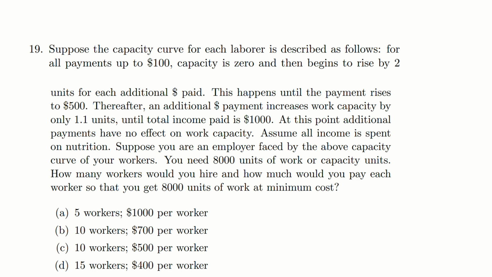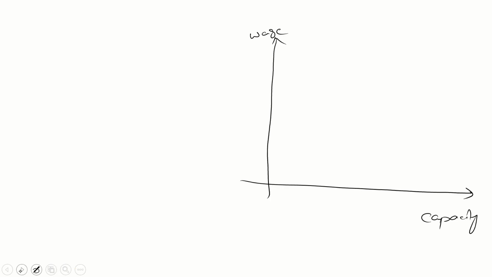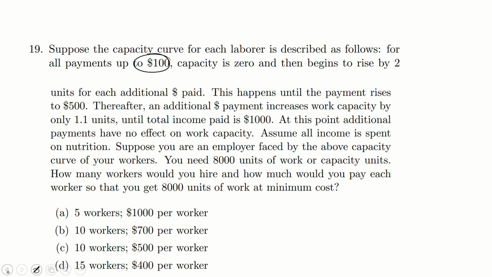Each capacity curve for each laborer is described as follows: all payment up to $100, capacity is zero. So if I'm a firm and I spend $100 on my workers, my capacity will be zero.